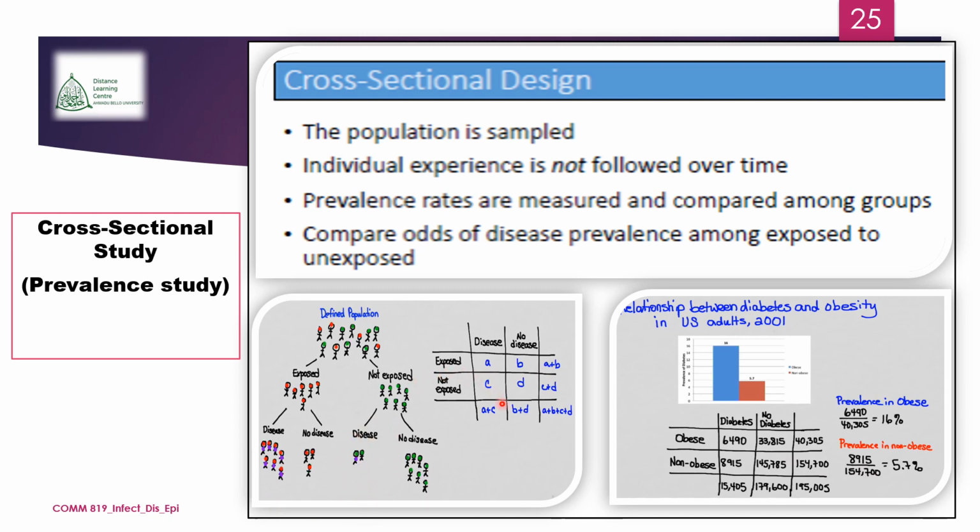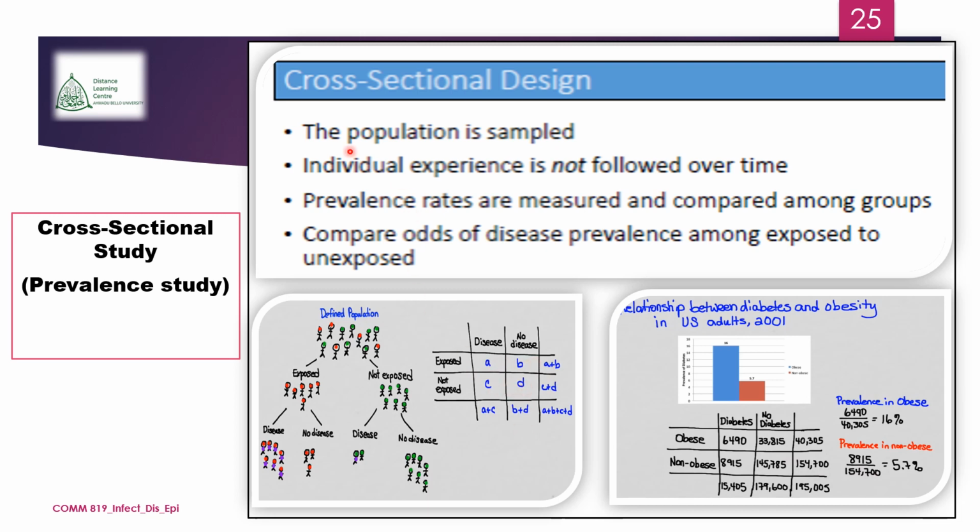So using a 2 by 2 table that we discussed earlier, you can see this is the disease, which is our case definition, this is the non-disease, then exposed and not exposed. So remember our A, B, C, D.